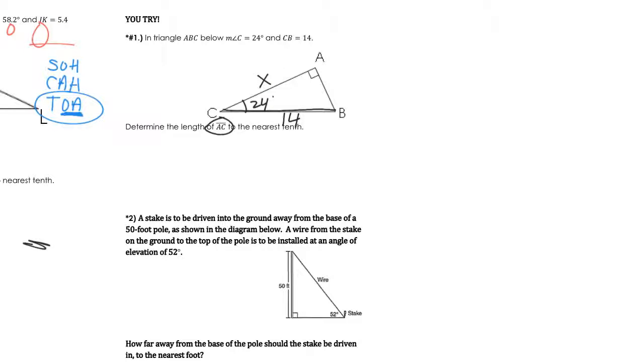So on the first try, I just labeled what they gave me, and I'm trying to find AC, so that's my x. Again, I want to label my triangle. Across from the 90, this side is my hypotenuse. My angle here is 24. The side next to that angle is the adjacent. So I have the hypotenuse, and I want to find the adjacent. So I think about CAH.